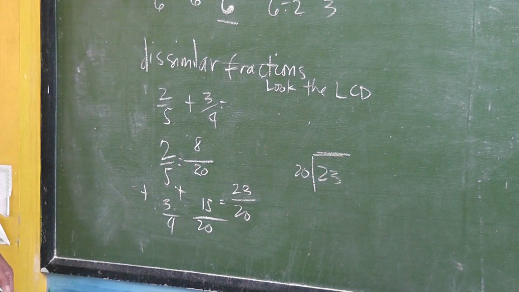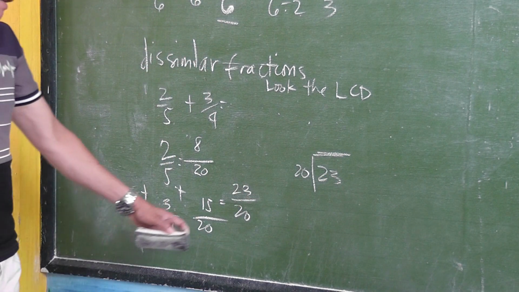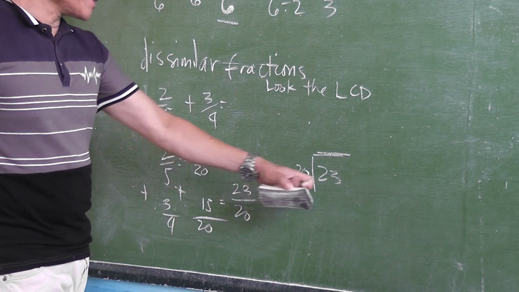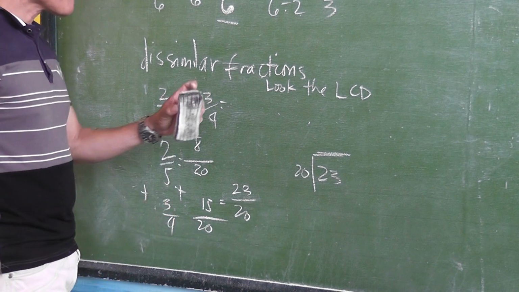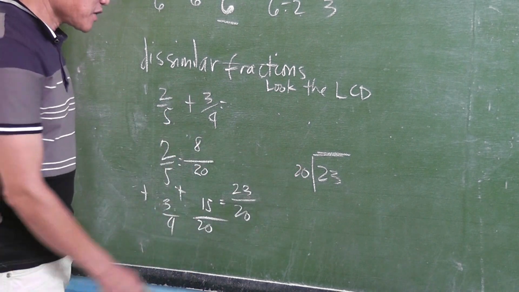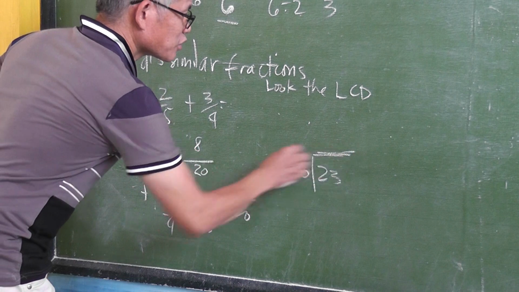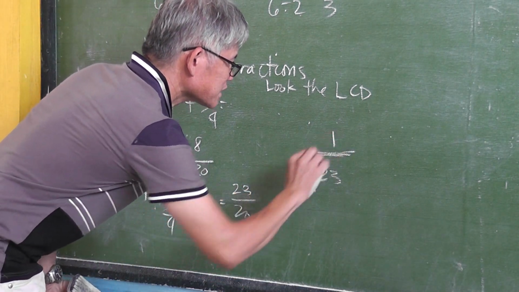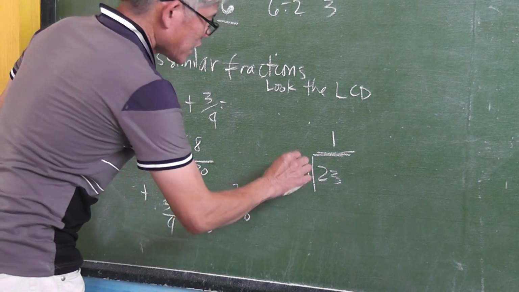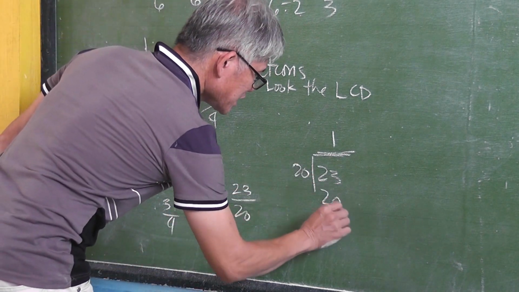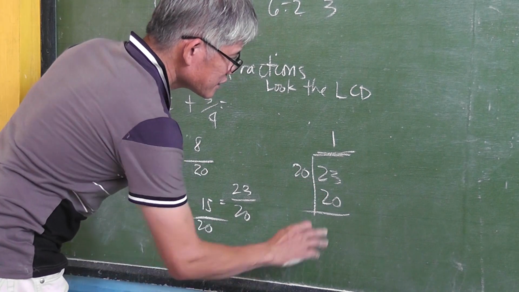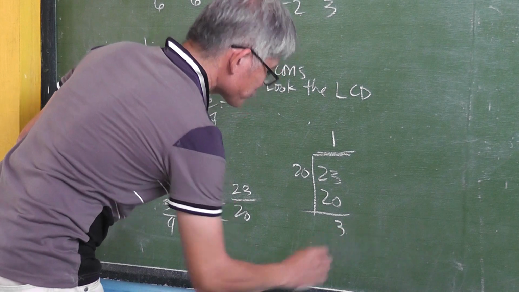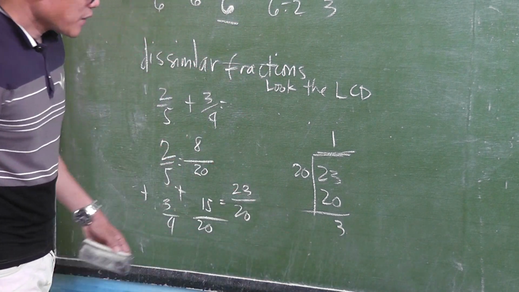Remember, the numerator is not always greater inside, but it's improper fraction here, so we are going to change it. 23 divided by 20 is 1. 1 times 20 is 20. And then 3 minus 0, 3. So our remainder is 3.